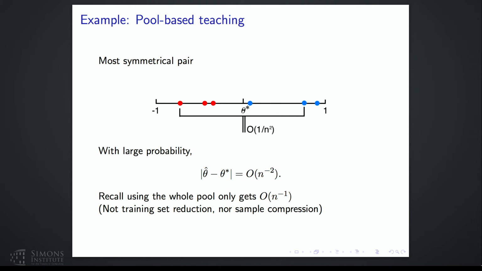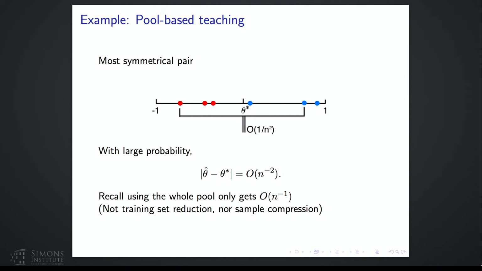Teacher should pick the most symmetric pair in that given pool. And you can show that by doing so, you get 1/n² that improves upon just teaching with the whole training set.